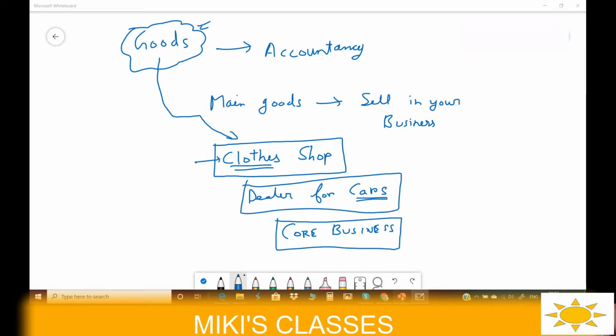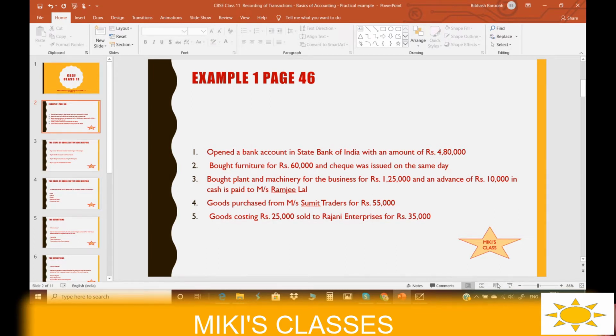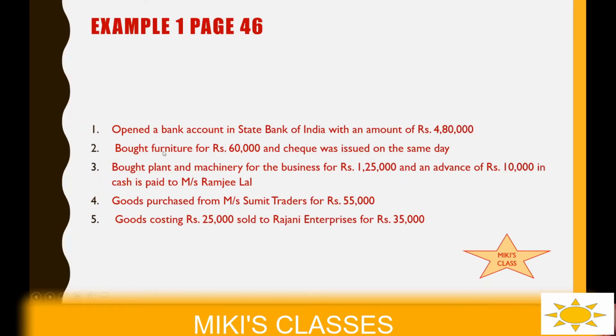Till now, if you check the rest of the examples, I'll just go back to the slide. What we had discussed: bought furniture. So bought furniture means we are buying something which is not the main thing.